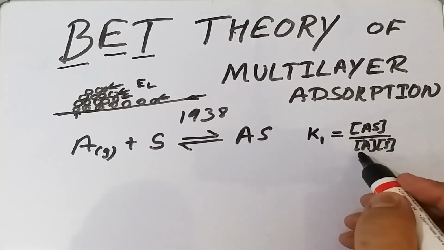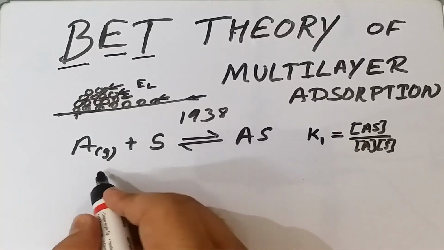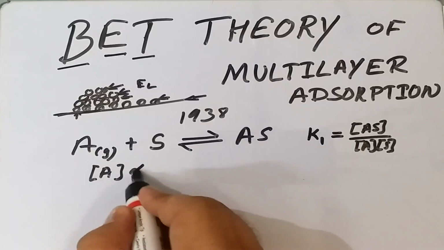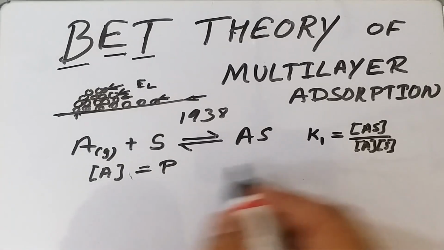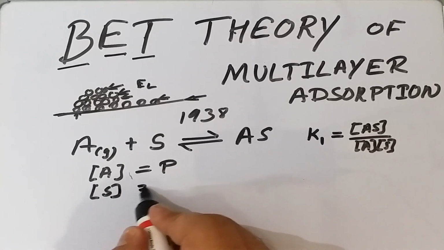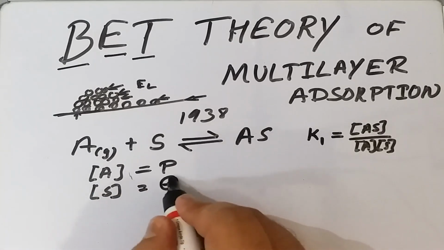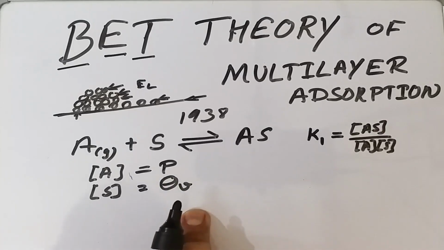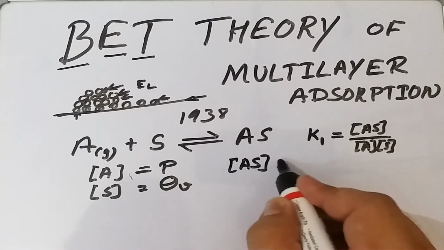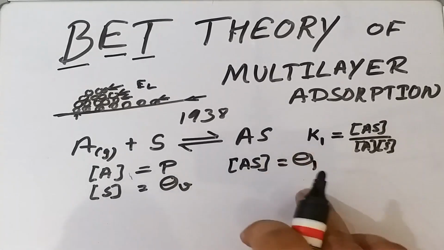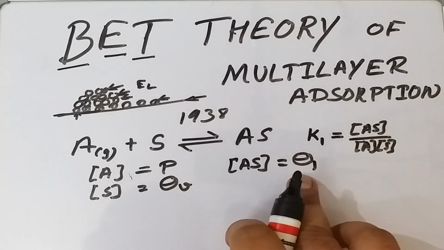Now over here, the concentration of A is directly proportional to the pressure of the gas. So we can write that the concentration of A is equal to P, the pressure of the gas, and the concentration of S, that is the concentration of vacant sites, we can write as equal to theta V, which is the fraction of the vacant sites, and the concentration of AS I can write as equal to theta 1, where theta 1 is the fraction of the sites which is covered by a single molecule.